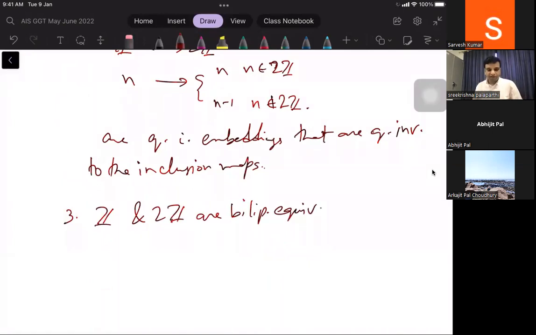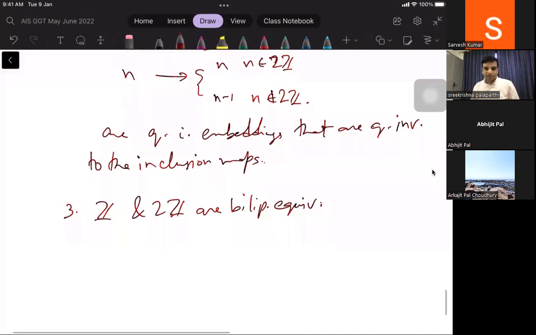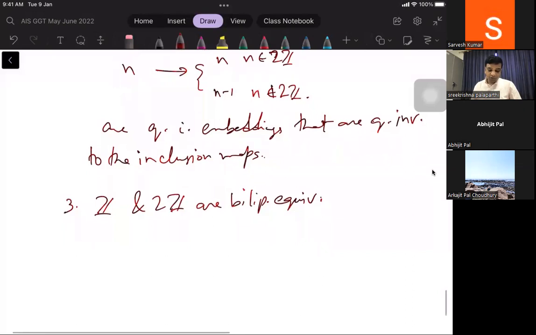They have the discrete metric, and you can construct that bi-Lipschitz equivalence. 2 is the constant. That scaling is 2.